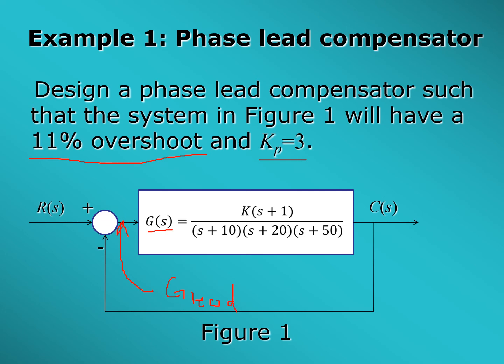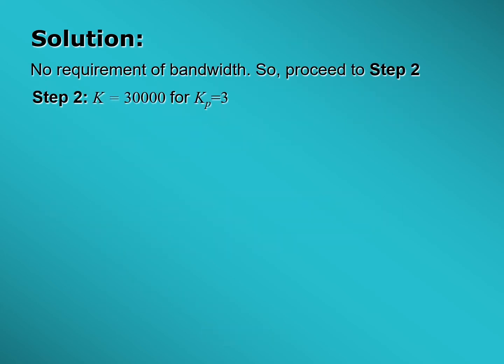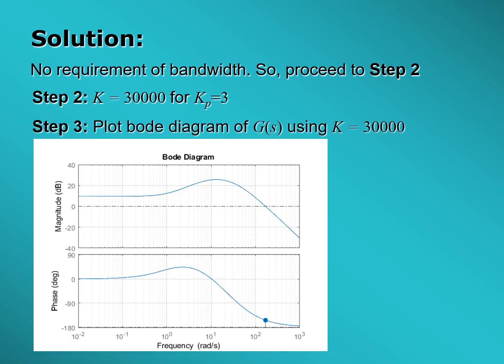Please remember, you already learned this in chapter 1. You should know the location of the compensator or the controller, which is in front of the system. So the solution: there is no requirement on the bandwidth, so you just proceed to step number 2 to find the gain K. Basically K equals 30,000 for Kp equals 3.